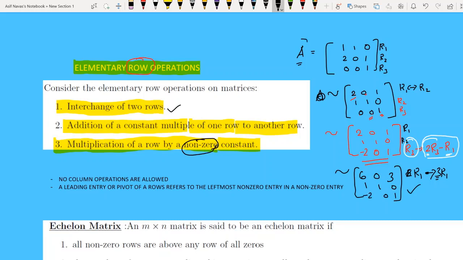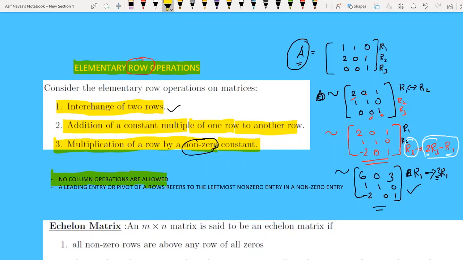And our original matrix is row equivalent to any matrix that is formed by elementary row operations. One of the important things is that column operations are not allowed.